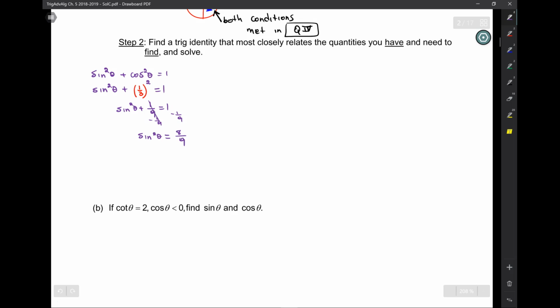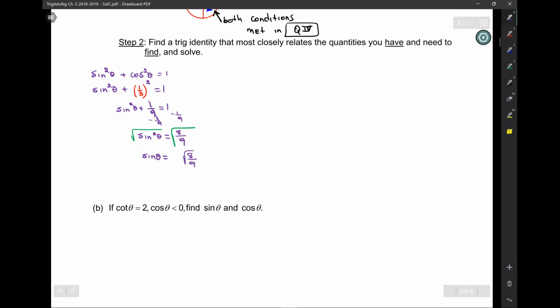Then you divide by sine? Well, we can't divide by sine. This is sine squared theta. How do I get rid of the square? Take a square root. So sine of theta is the square root of 8 over 9.